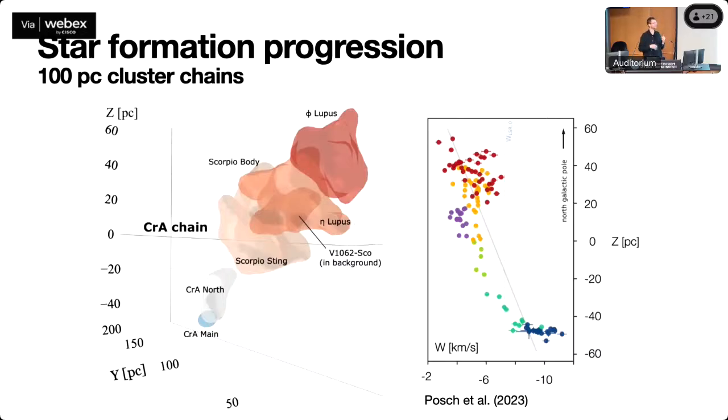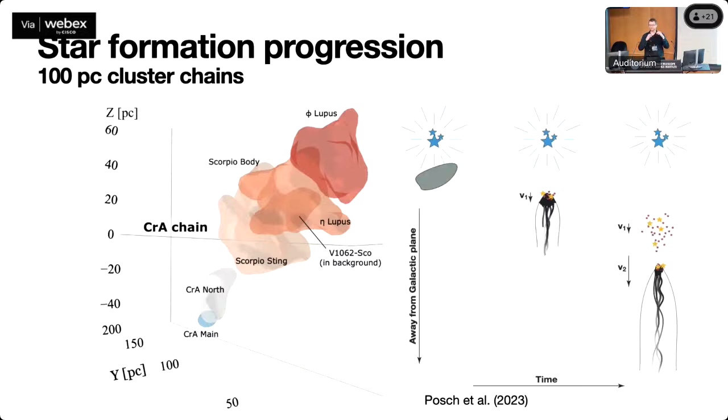So we think we see some imprint of a force term that is additional to the galactic potential here, which we think is feedback from the massive stars in this cluster.